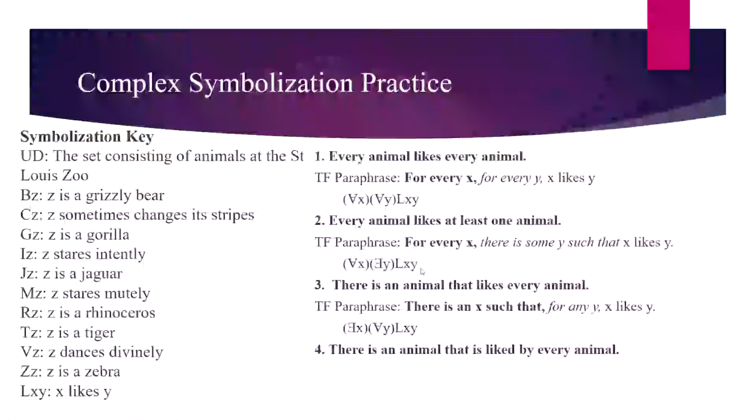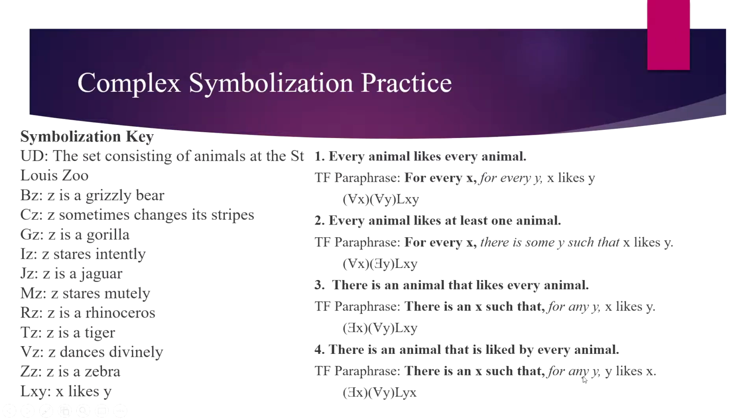Next, we have, there is an animal that is liked by every animal. This is importantly different from the last one. Here we have the quantifiers in the same order, right? We have there is an X such that for any Y, but this time we have to make sure we change the order such that Y likes X. We need to make sure that there is an animal that is liked by every other animal.